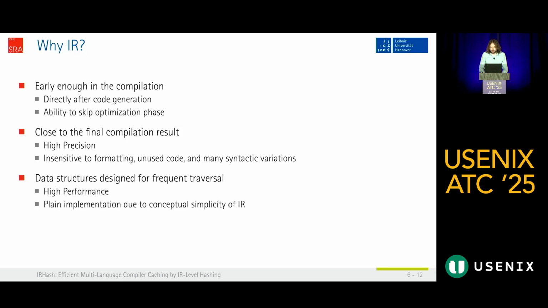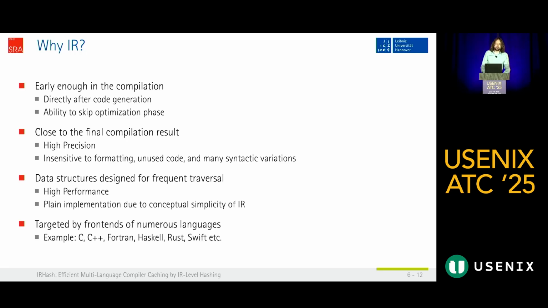And there's one final benefit. Multiple compiler front ends for different languages target LLVM IR. So this would mean support for languages like C, C++, Fortran, Haskell, Rust, Swift for free. A cherry on top, let's say.